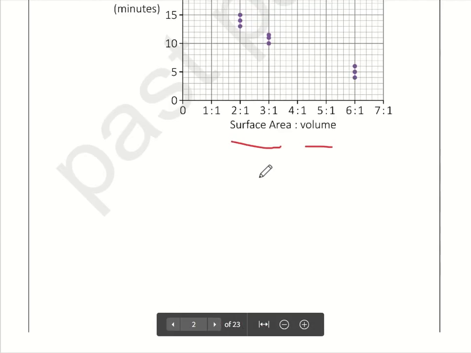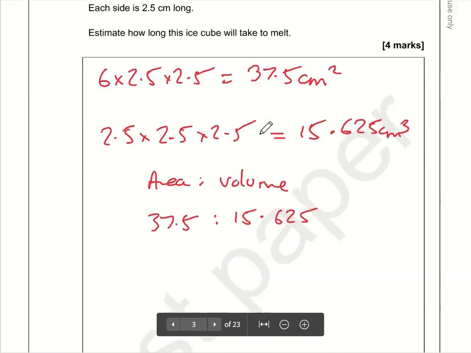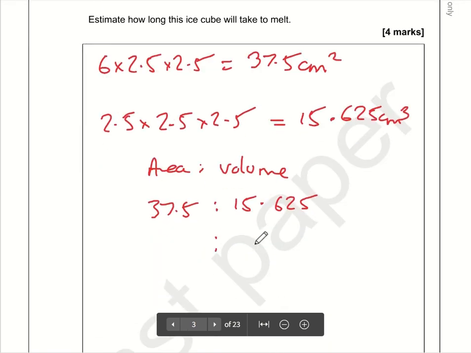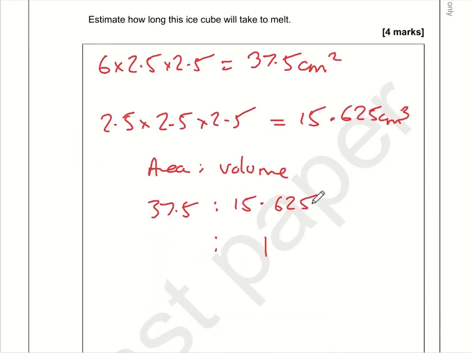Now we want these as ratios of something to 1. So if I'm going from 15.625 to 1, I must be dividing by 15.625. So what I need to do is divide 37.5 also by 15.625.